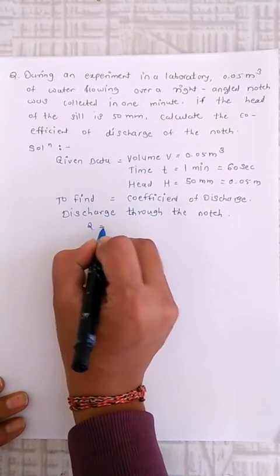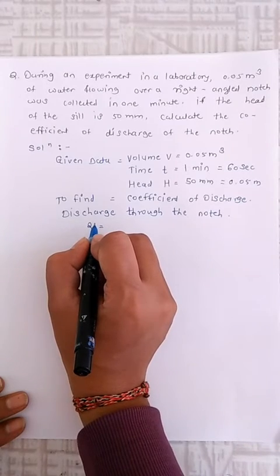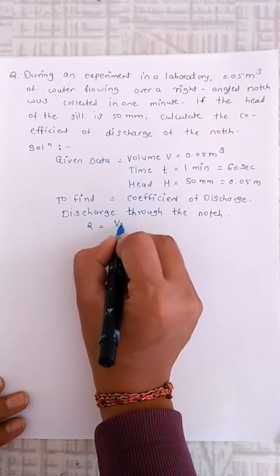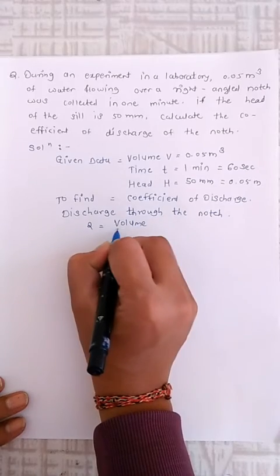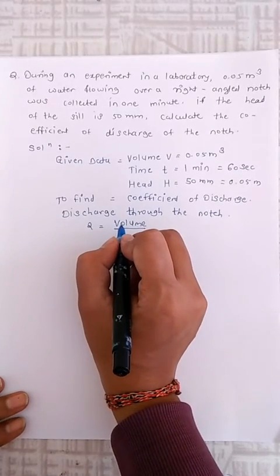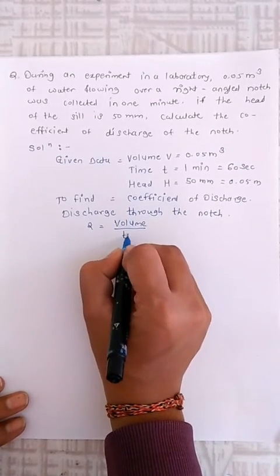This is a standard formula. Discharge is denoted by Q. Q is equal to volume upon time.